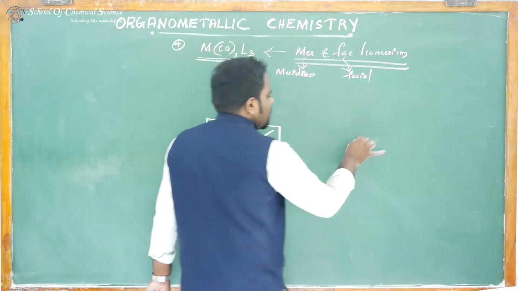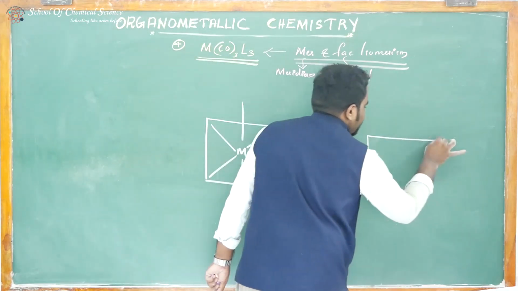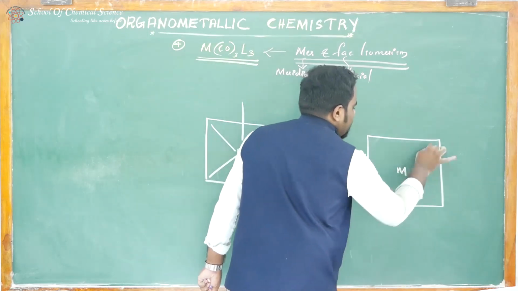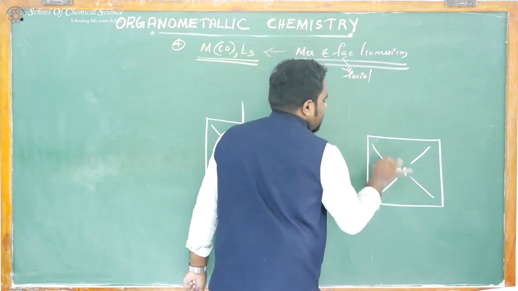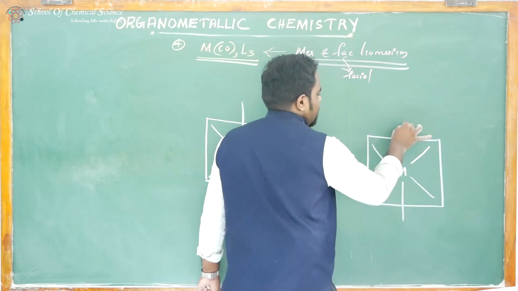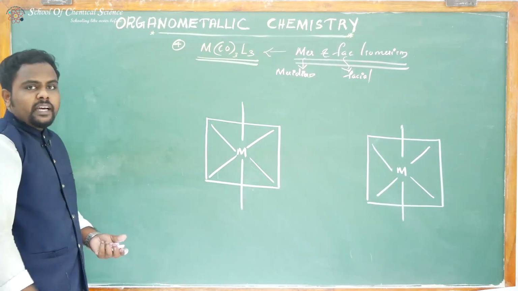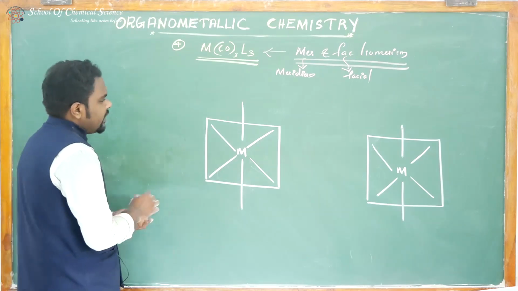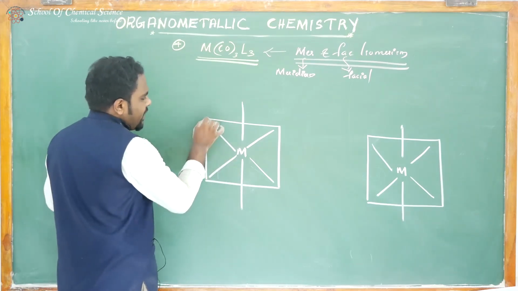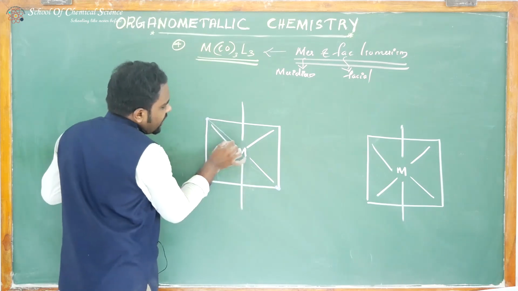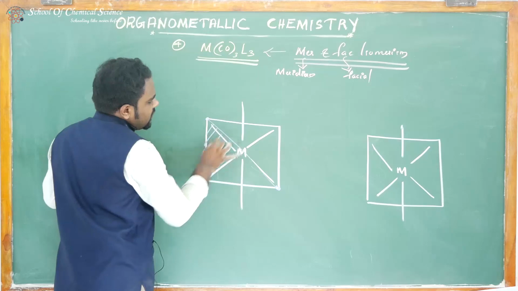Then another one, a square, metal at the center, 4 corners of the square and the 2 axial positions. Meridian means a meridian can be generated in the square plane. Consider 3 corners of the square plane, then draw a line. This is a meridian.